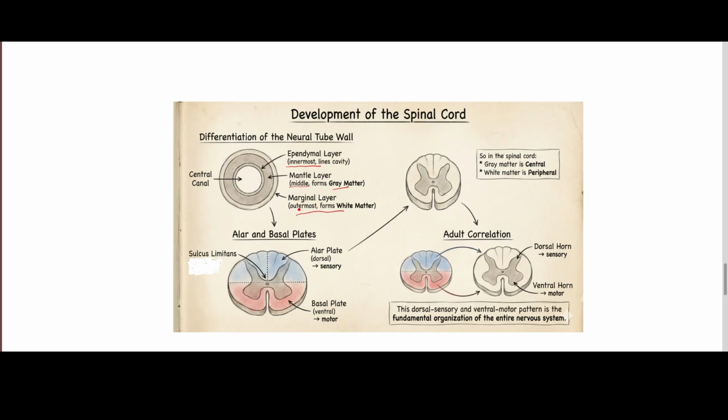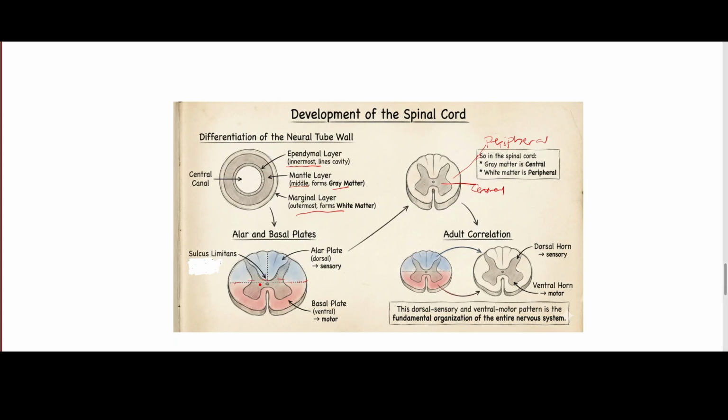So in the spinal cord, gray matter is central, while white matter is peripheral. This is the gray matter, and it is central. This is the white matter, and it is peripheral. Now a groove appears inside the developing spinal cord, and this groove is called the sulcus limitans.